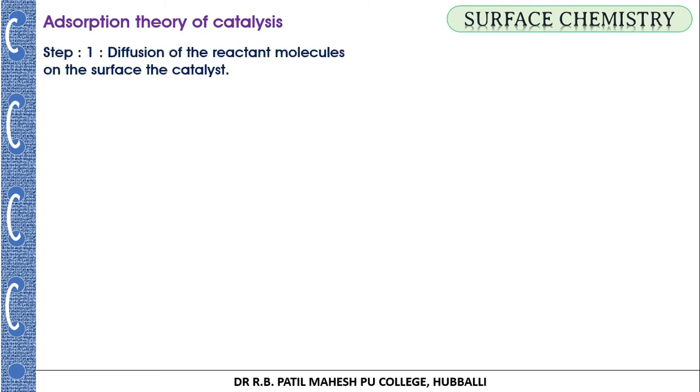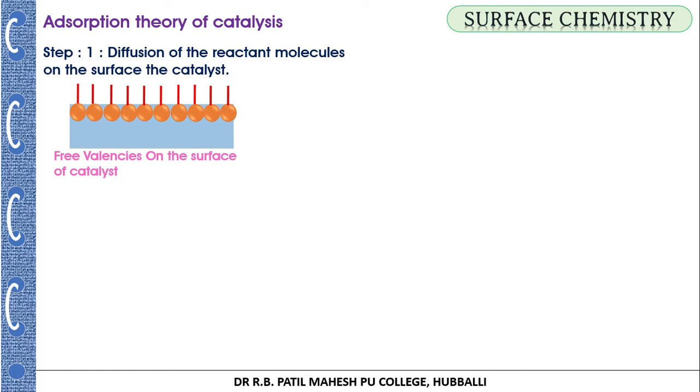Now let us see the adsorption theory of catalysis. See, in the first process, students, reactant molecules are diffused on the surface of the catalyst. Like this, we have unbalanced forces or free valencies on the surface of the catalyst. Now reactant molecules are going to diffuse on the surface of the catalyst.